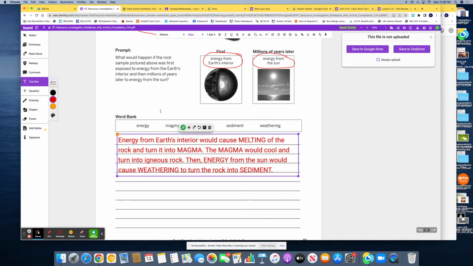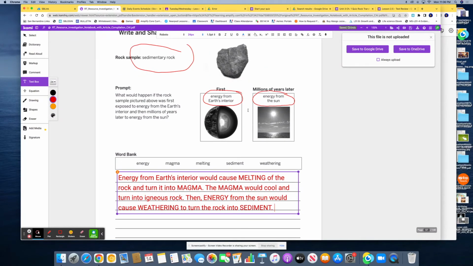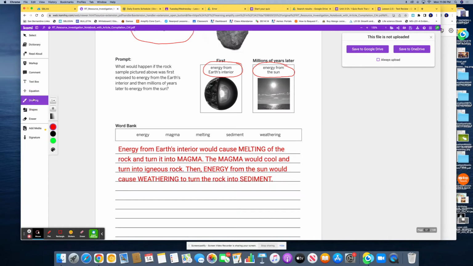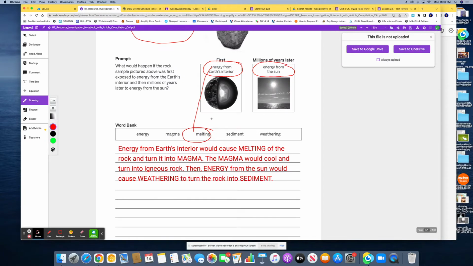So what would happen if this sedimentary rock was first exposed to energy from Earth's interior, but then later on, after millions of years, exposed to energy from the sun? Well, energy from Earth's interior would cause melting of the rock and turn it into magma.